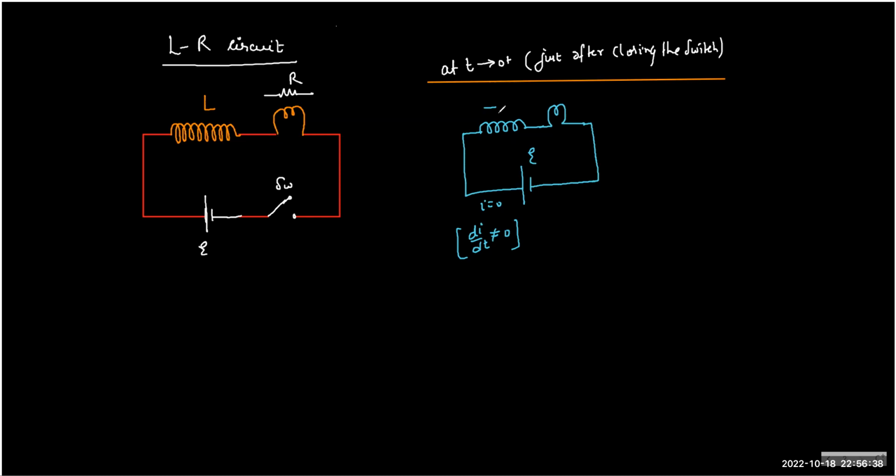So because the current is trying to establish itself, it will act as an opposing EMF of value L di by dt. So we can say that at t tends to 0 plus, if you write the KVL, we can write E equals L di by dt, right?